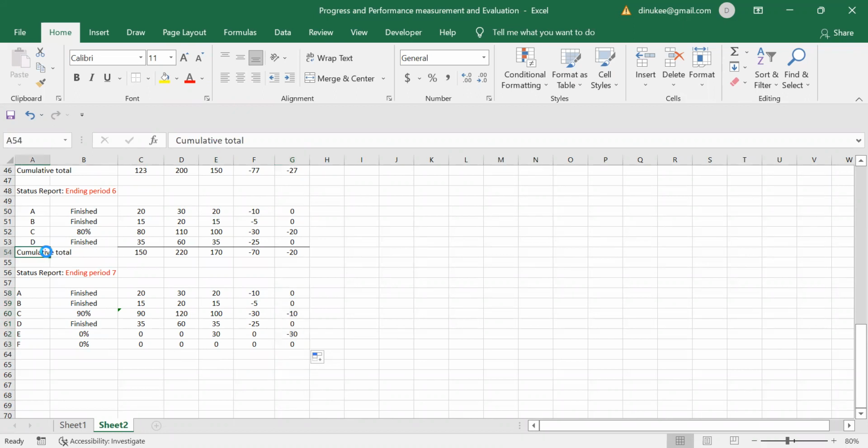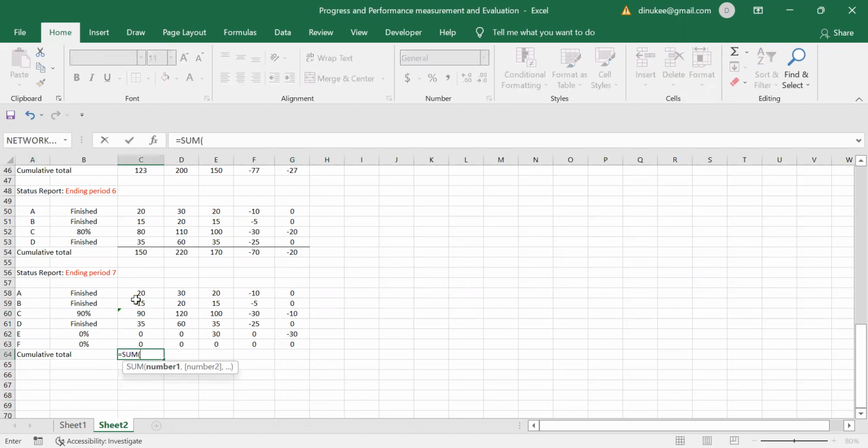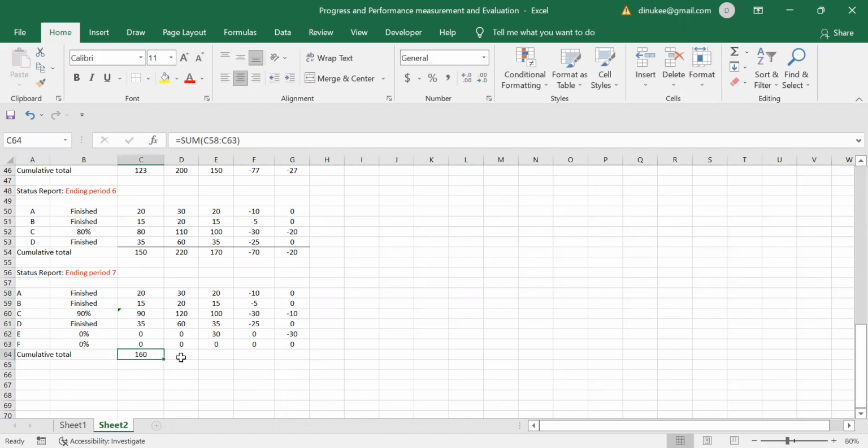And take the cumulative totals here. So once you have completed up to this point, please let me know.